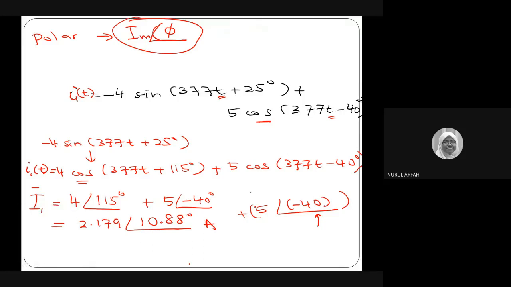I think better you put it like this. Usually for this side, I will do 4 and then I put 115 degree and then I put the equal sign, so that I can reuse the answer for the equal sign. This is an answer, right? Plus this one, answer plus this part. And then I will get this answer.